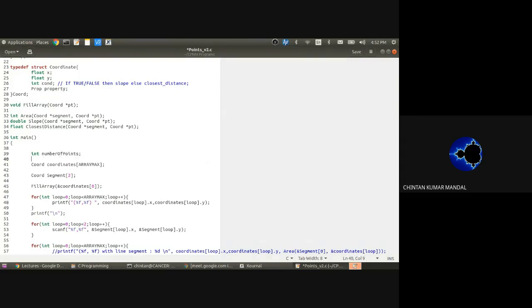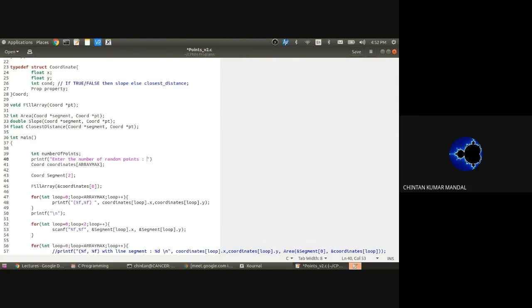I can scanf. So printf first: enter the number of random points.